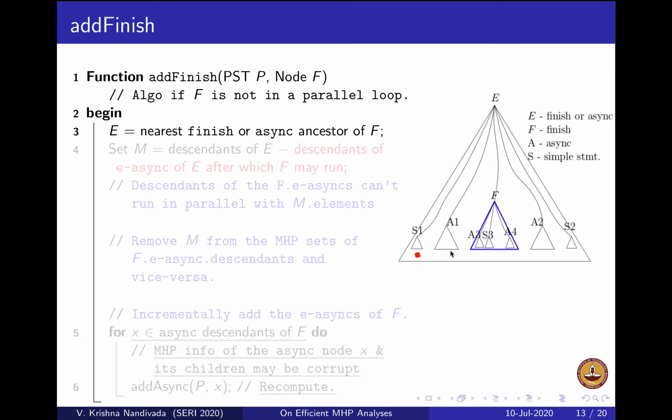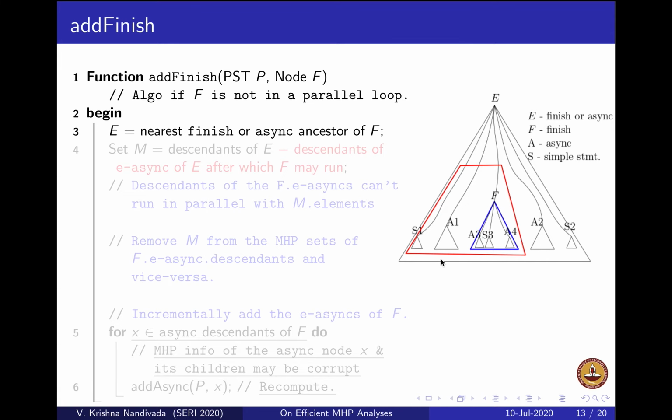Now you may wonder why. Why should I worry about S1 if it is impacting F? Maybe S1 and F are inside a loop. As a result, if A3 and A4 are starting here, after the end of the loop iteration, I may execute S1. So A3, A4 may run in parallel with S1 as well. But now that I add this F, A3, A4 will not run in parallel with S1 anymore.